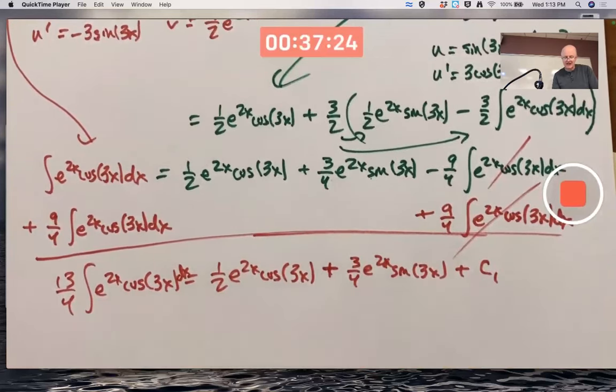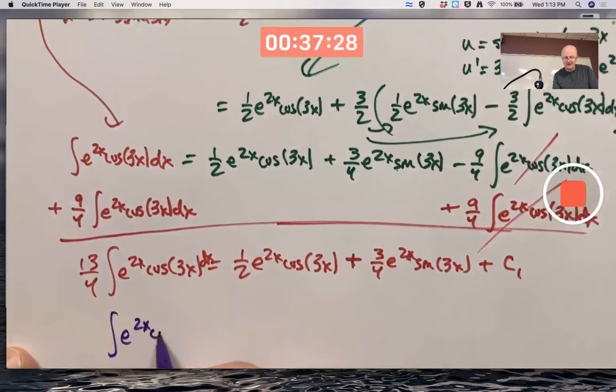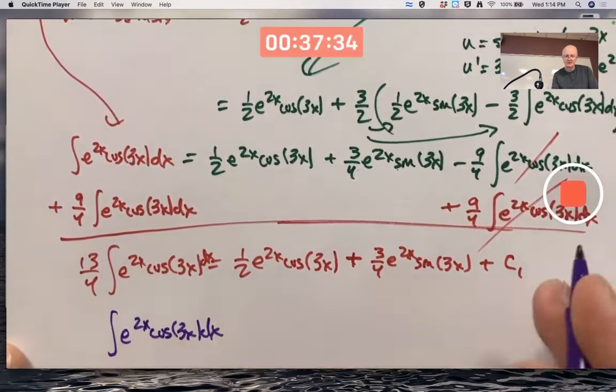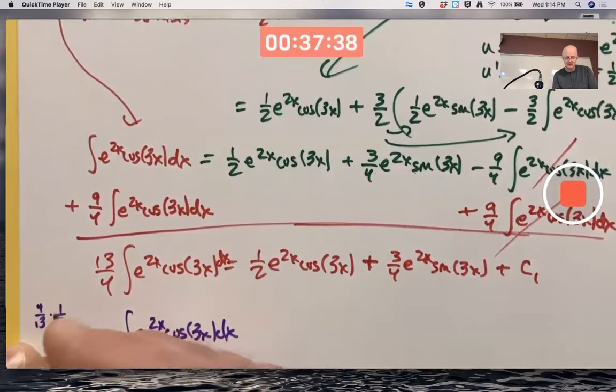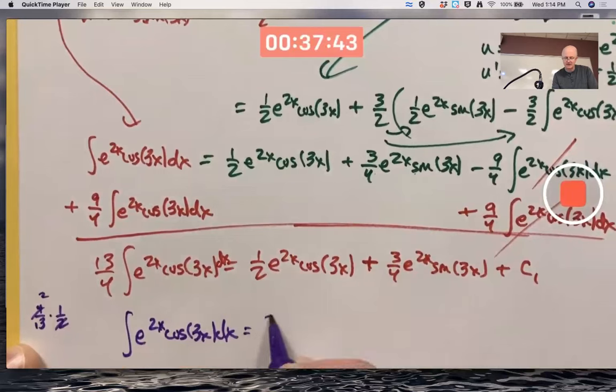Yeah, multiply both sides by 4/13 now. The integral of e to the 2x cosine of 3x, 4/13 times 1/2. Do a side calculation if you need to. The 2 cancels with the 4 to give you 2/13.